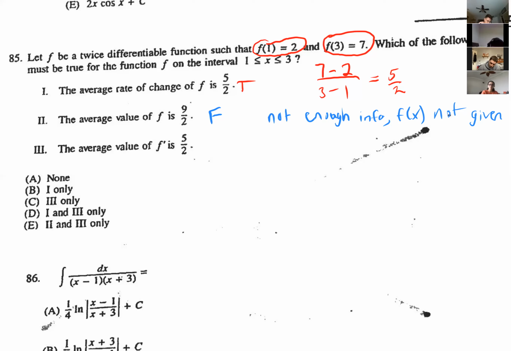I wish we would have done more like this, but the average value of the derivative is the same as the average rate of change. So we already said on number 1 that this is true. So average value equals average rate of change.